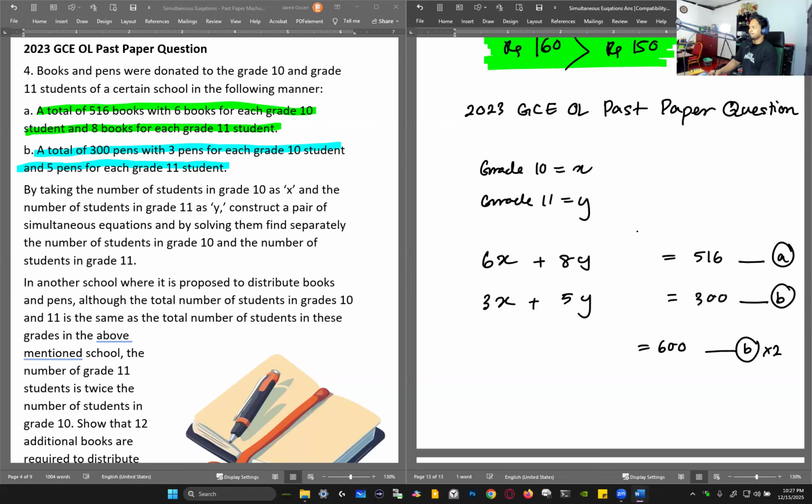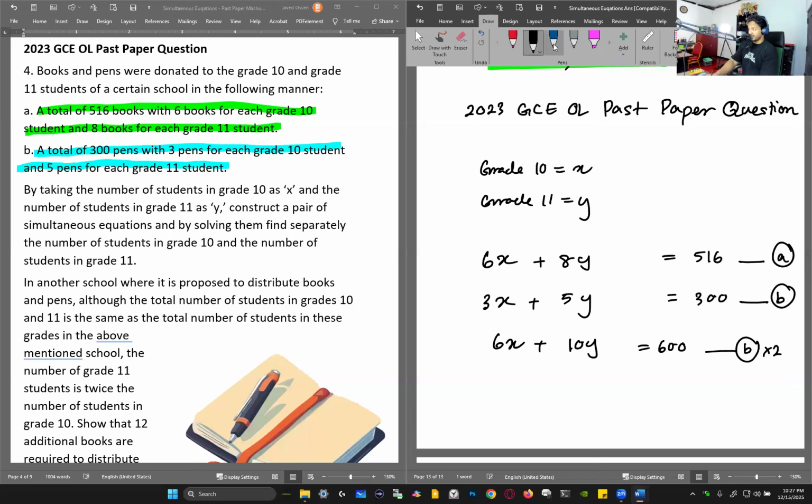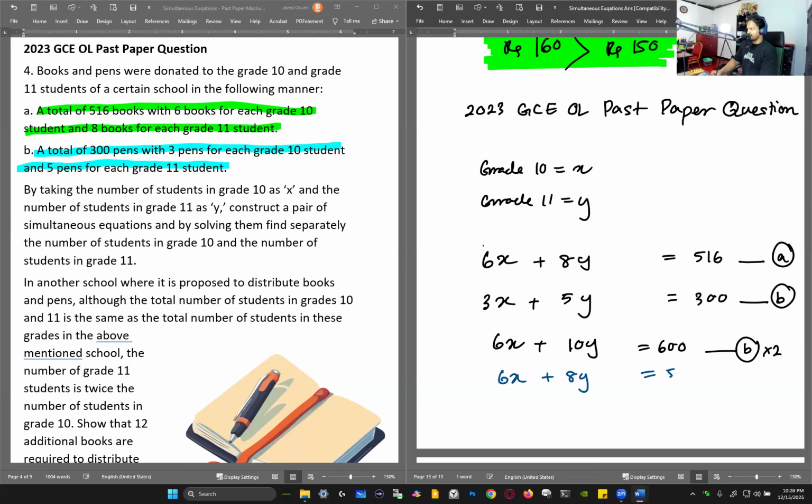Don't forget B. 300 into 2 is 600. 5y into 2 is 10y. 3x into 2 is 6x, right? And now, finally, I can write the first equation again, 6x plus 8y equals 516.